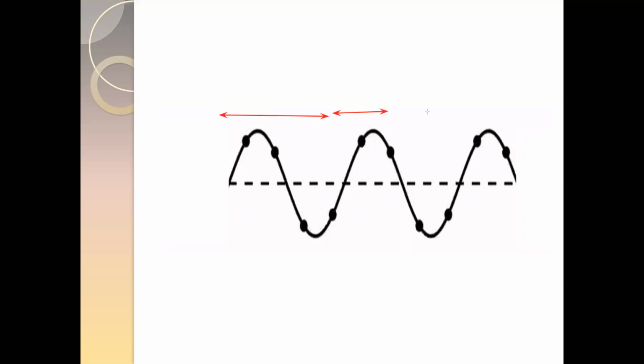Then another crest and trough, that's the second wavelength. And that's only half. And how do we represent wavelength? Wavelength is denoted by the Greek alphabet lambda. So this is one wavelength, one lambda, and this is only half of the wavelength, so 0.5 lambda. So how many wavelengths are there in total? 2.5 lambda.